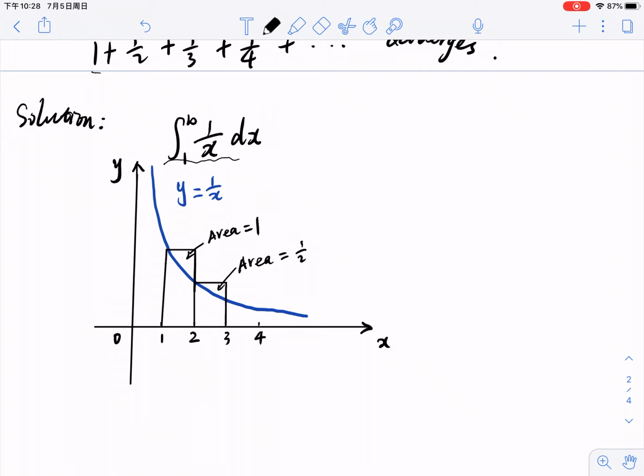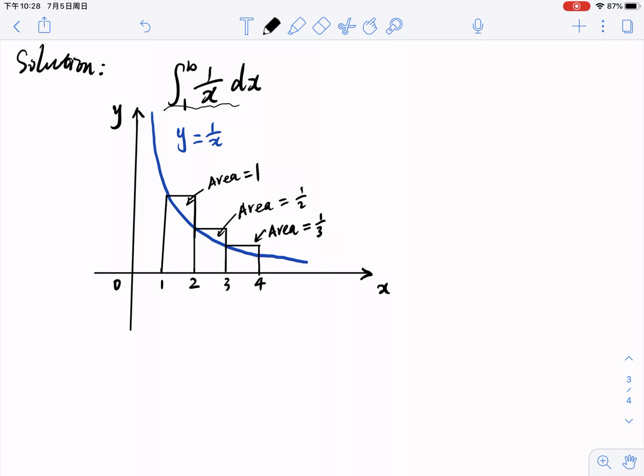The third rectangle has base 1 and height 1/3, so the area is 1/3. From this picture, the sum of the areas of these 3 rectangles is greater than the integral of 1 over x from 1 to 4, which is equal to ln 4.